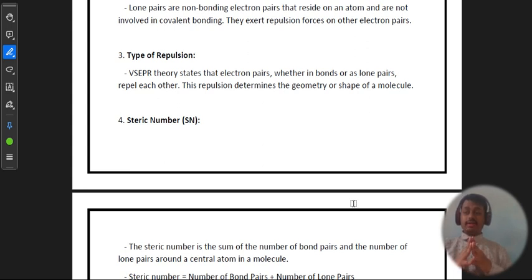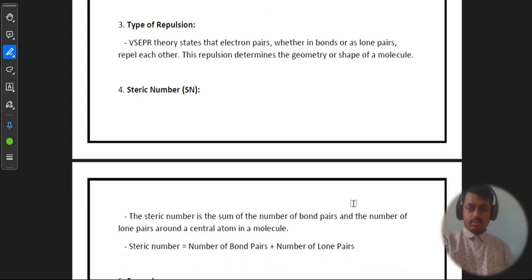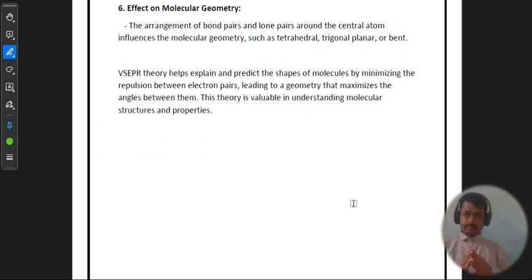We need to know the fact that lone pair repulsion is the highest, which causes the deformation of the basic structure of the molecule. There is an important point which I am going to mention right now: why does a lone pair have the highest repulsion?